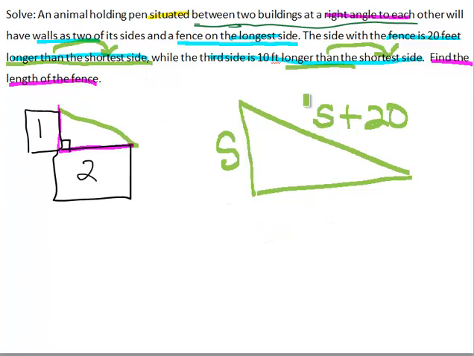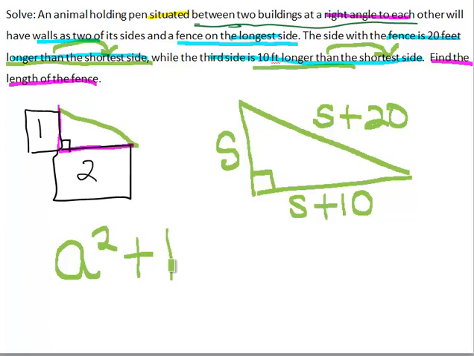And here's the other side. The third side is 10 feet longer than the shortest side. So I'm going to start with S, and then I'm going to add to that 10. So those are my basic measurements, and since I'm dealing with a right angle, I know that I can rely on my old friend Pythagoras to get me out of this bind.